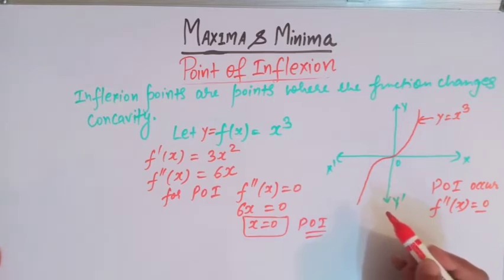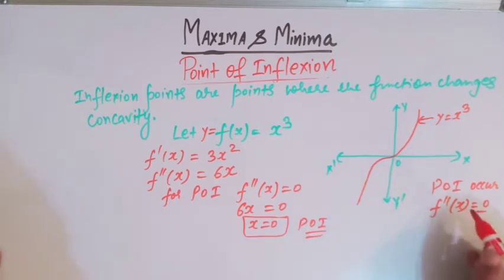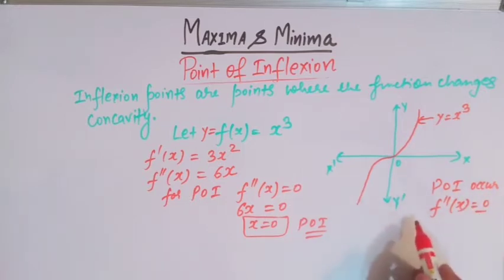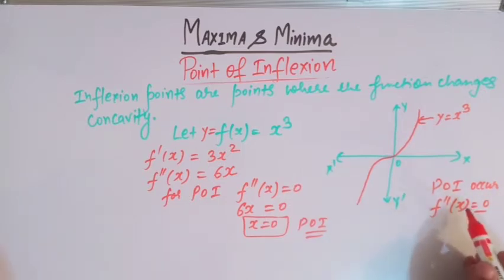Now here x equal to 0 is the candidate for the point of inflection, but here I would like to tell you that even if the second derivative is 0, we cannot say that there is a point of inflection, right? It is not necessary that if we solve the equation f double prime of x equal to 0 and get the values of x, those values are points of inflection.